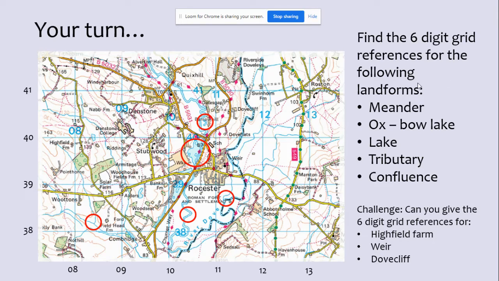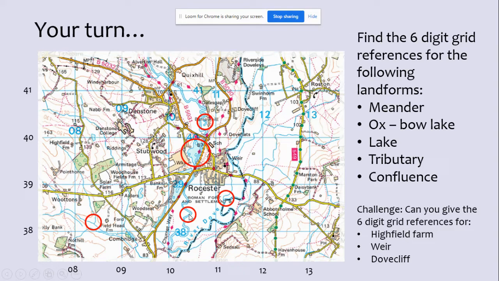So we'll actually do the first one together, that might make it easier. So again, we've got our meander here. So we're going to go along, so we're at line 10. And then we want to see how far along it is into box 10. So there, we're going to go across. So it's obviously, again, we haven't got our ruler here, so it makes it a bit difficult, but it's just under halfway.